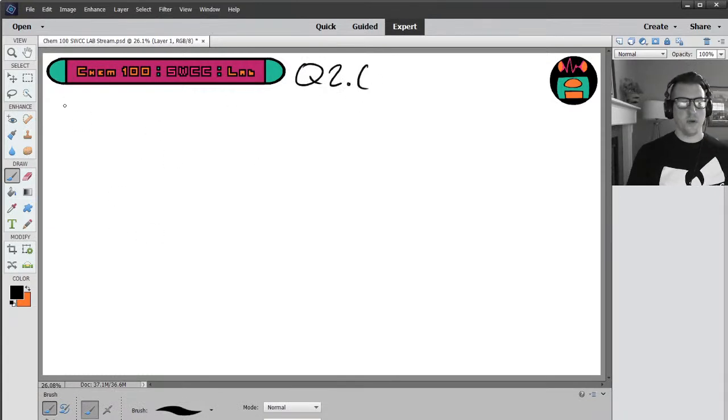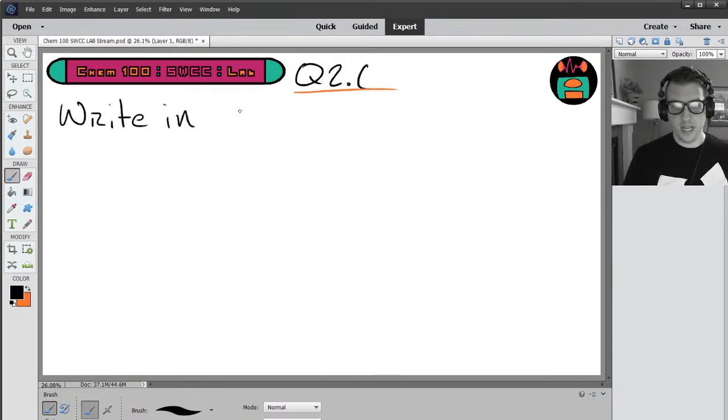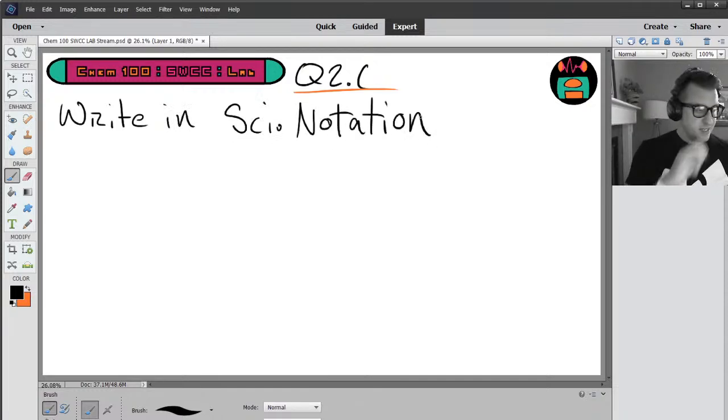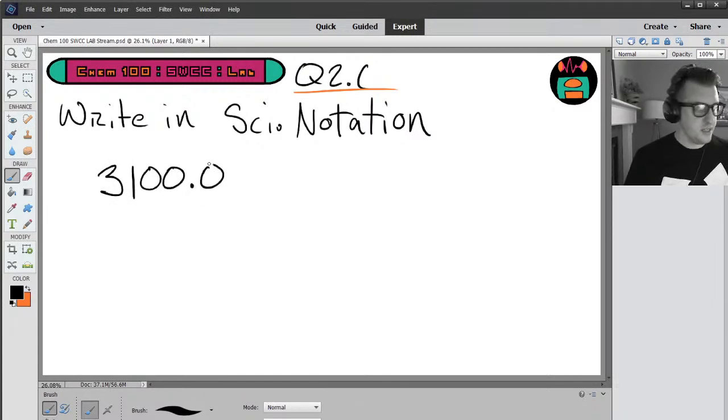For this question, we have to write in scientific notation the number we're given, which is 3,100.0 times 10 to the squared meters.